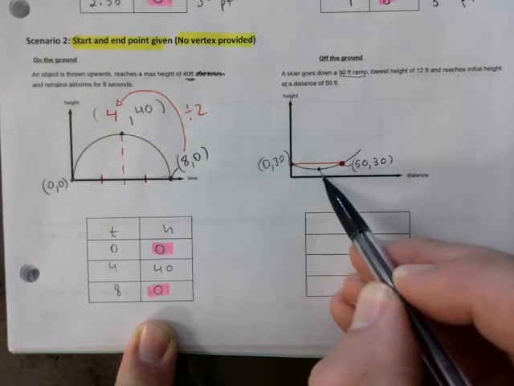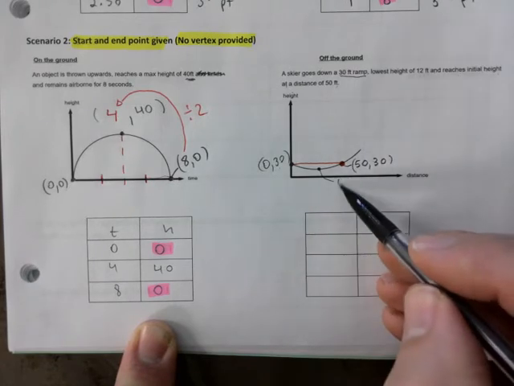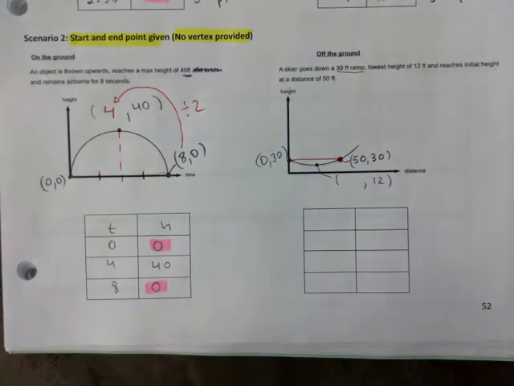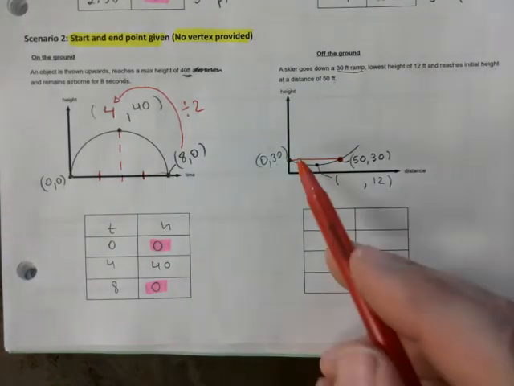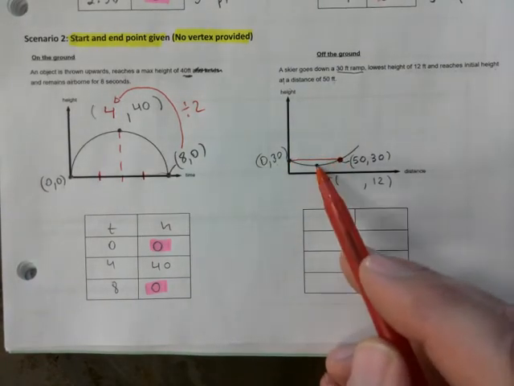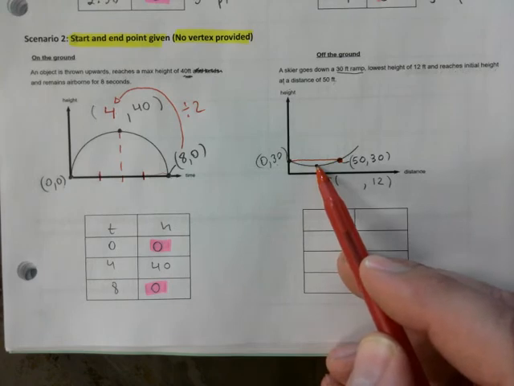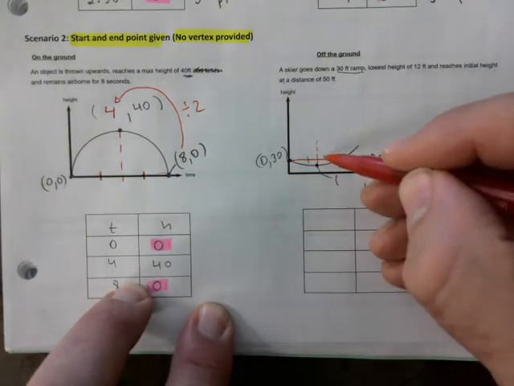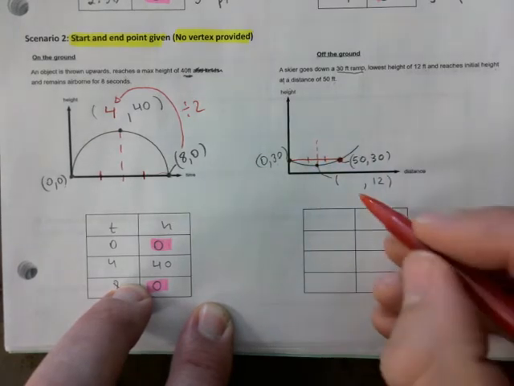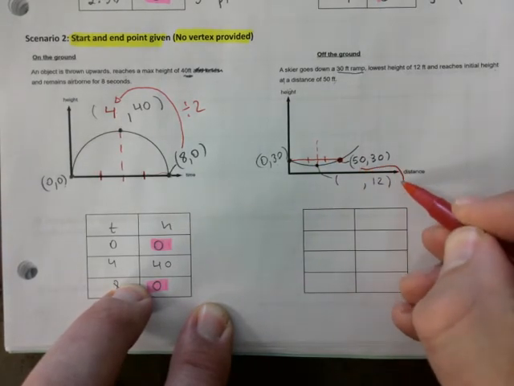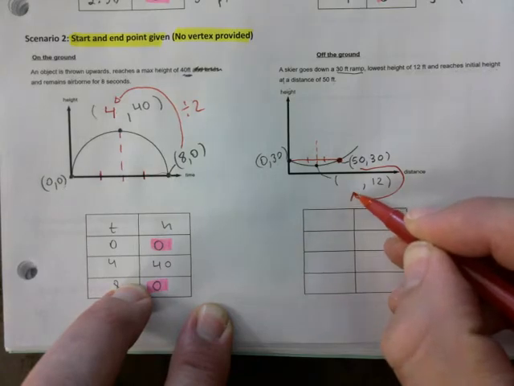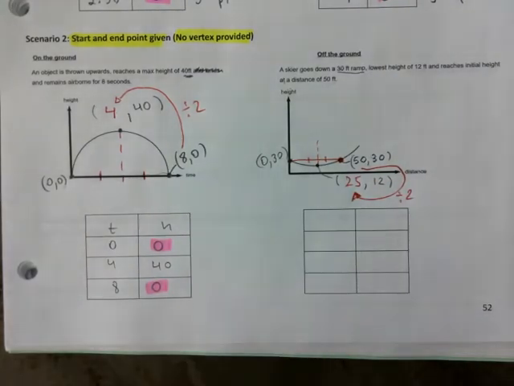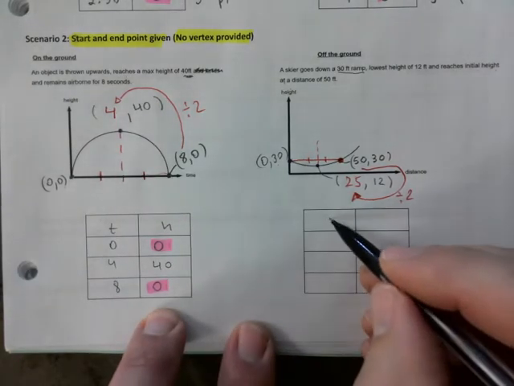And we have partial information on this. We know that the lowest height it reaches is 12. So if it takes 50 feet to go from here to there, it stands to reason that it would take half the distance to get to the middle of this thing. Again, we're using symmetry, right? This distance is the same as that. So I will just go all around like this, divide it by 2, and get my 25. I used round numbers to make it easier. It won't always be.